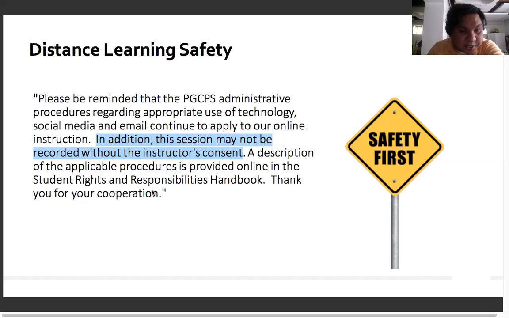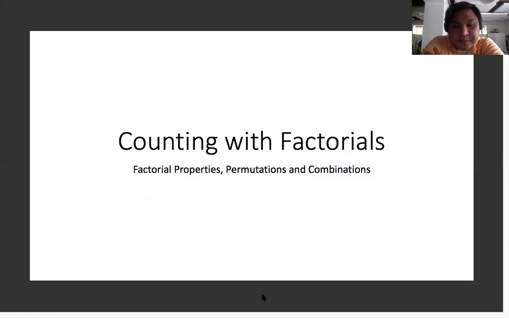So our lesson is about factorials and permutations and combinations. Okay, so last class, we introduced factorials, what it is, what it does, and how it is a convenient way of showing how to calculate a particular scenario or how to count a number of ways for a particular scenario.